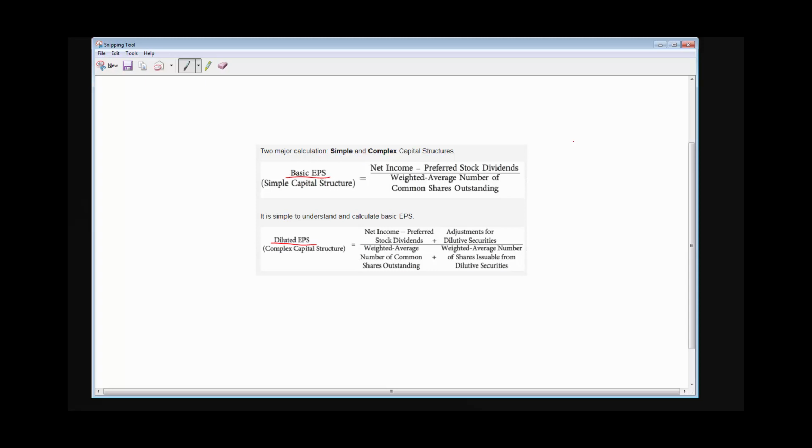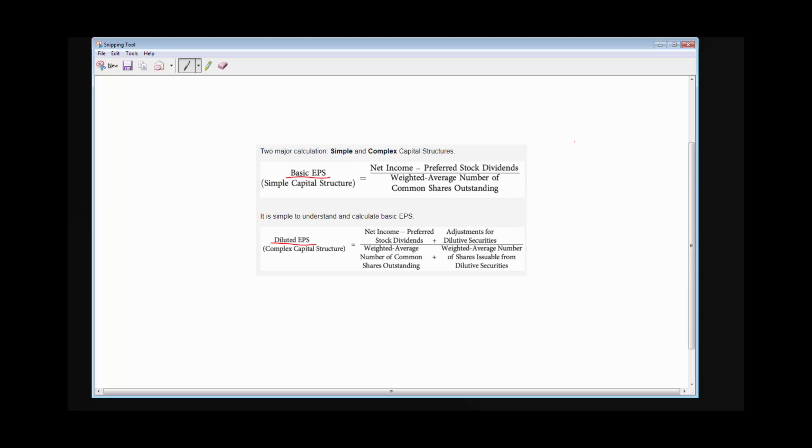For example, $5 per share. That means during this fiscal year, the company created $5 for each share of ownership. So if you own 10,000 shares, well, that means the company basically created $50,000 profit for you as an investor.